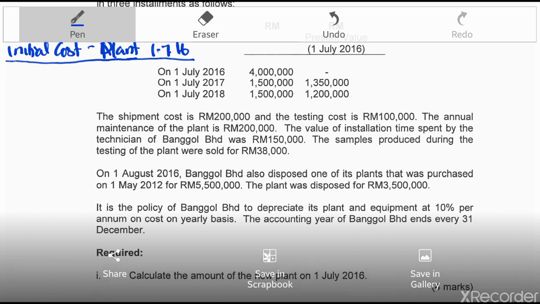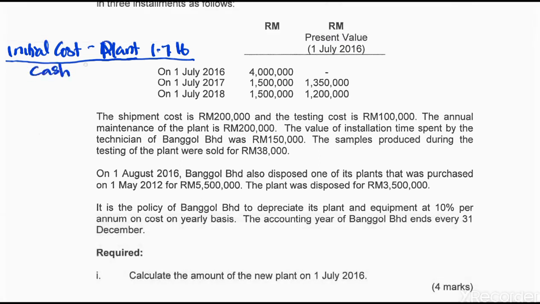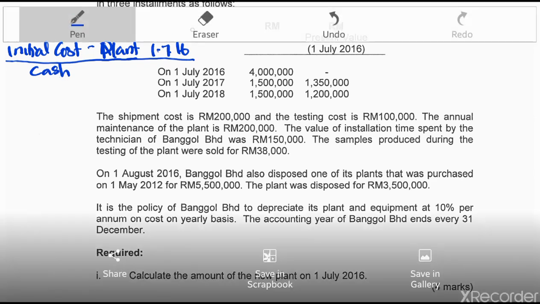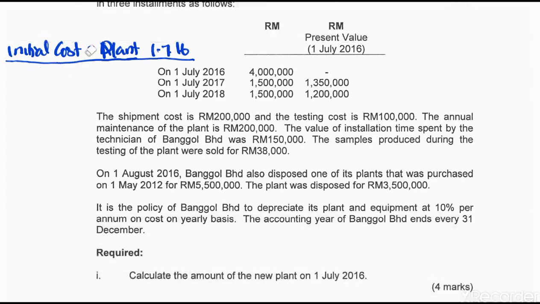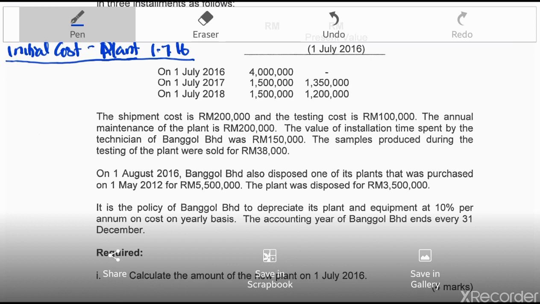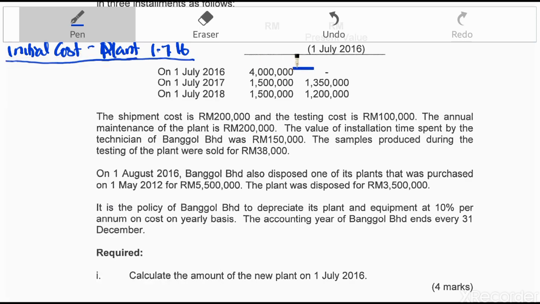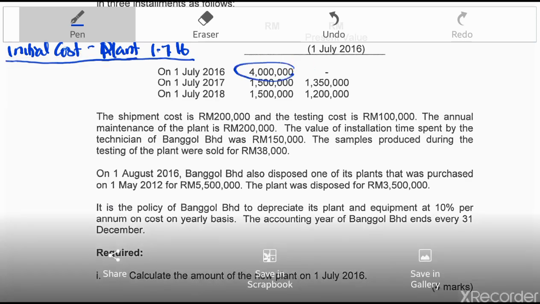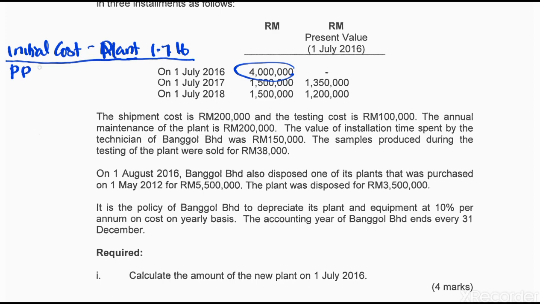The one that you paid in cash, yeah, your purchase price, the one that you paid in cash is this one. So we put here purchase price 4 million. Then you have, this is through your first installment.